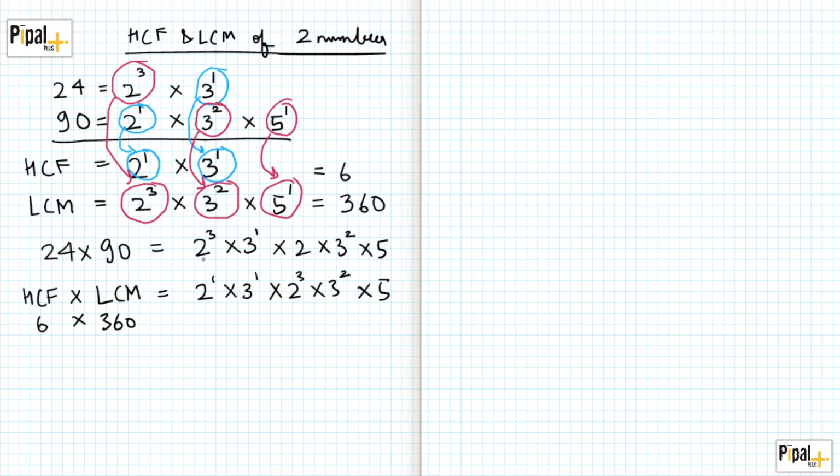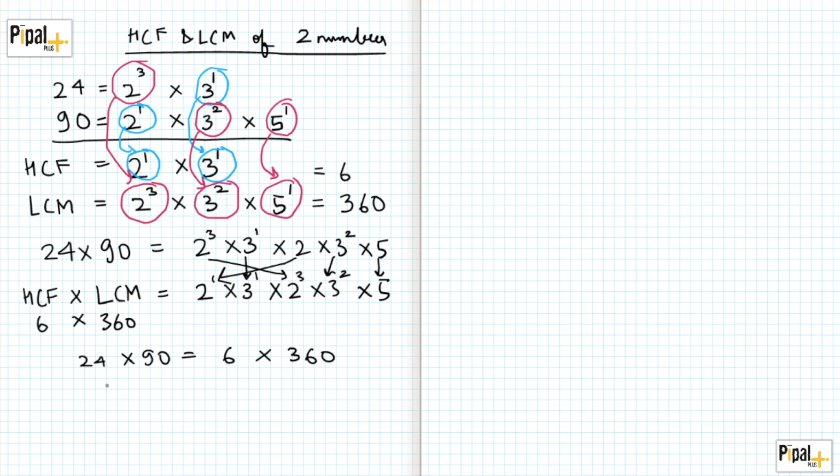So you notice that all of these factors have redistributed themselves, which brings me to the conclusion that 24 multiplied by 90 is exactly equal to their HCF multiplied by their LCM.